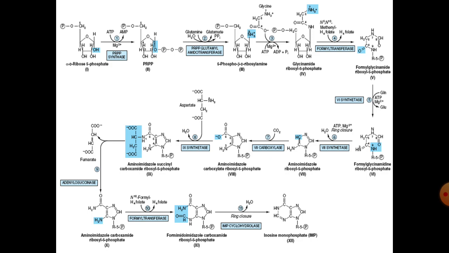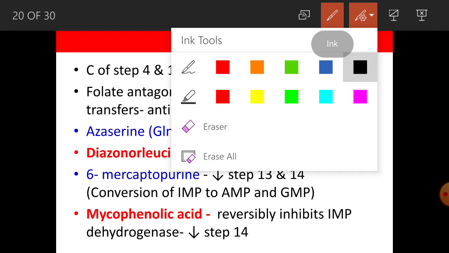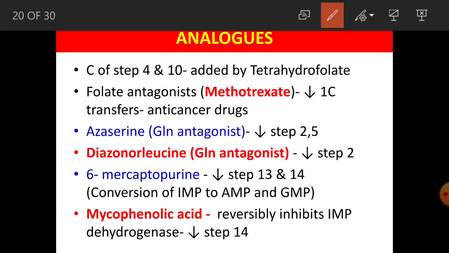Now, coming to the carbon of this tetrahydrofolate, the folate antagonist like methotrexate, they diminish these tetrahydrofolate 1 carbon moieties, and they are used as anti-cancer drugs, as I had told you. Likewise, azaserine is a glutamine antagonist, impeding steps 2 and 5.